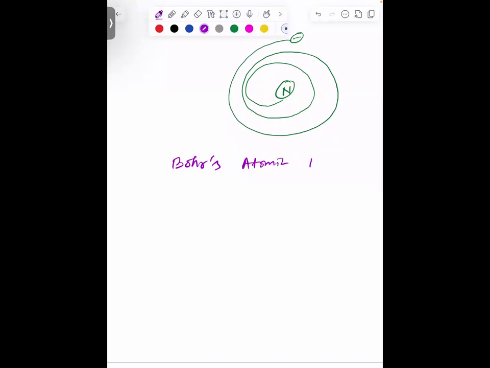Now we are going to discuss Bohr's atomic model. In Bohr's atomic model, there are several postulates. We are going to discuss them one by one.